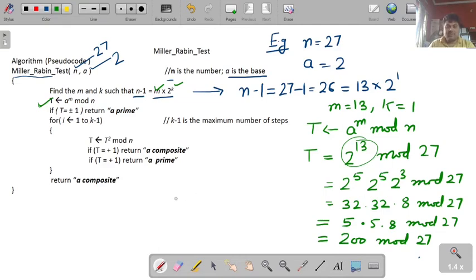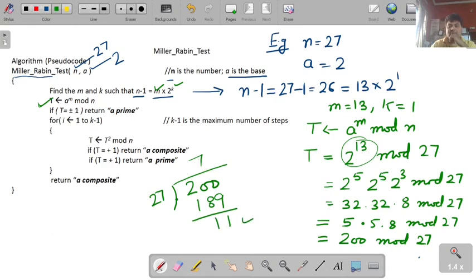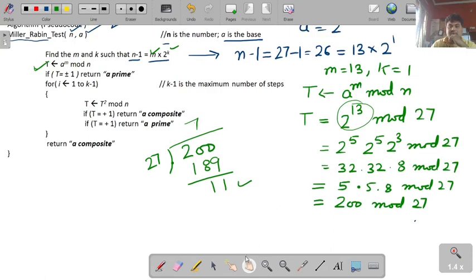You can easily take the mod either with the help of a calculator or with a simple approach like this. 27 times 7 is 189, so the remainder is 11. So the mod is 11, and the answer here is 11.